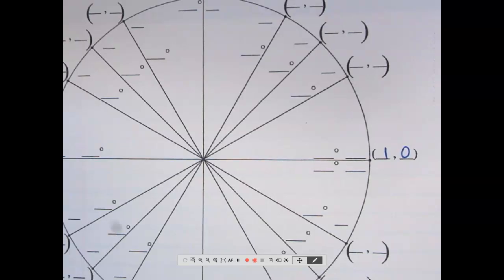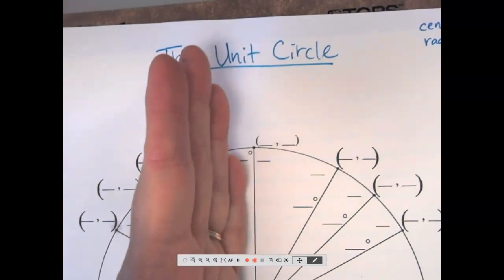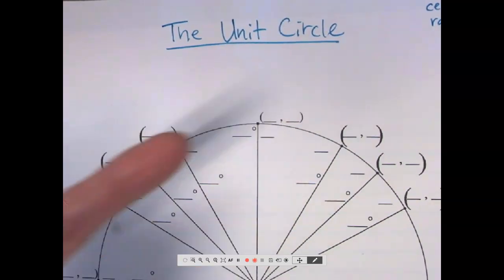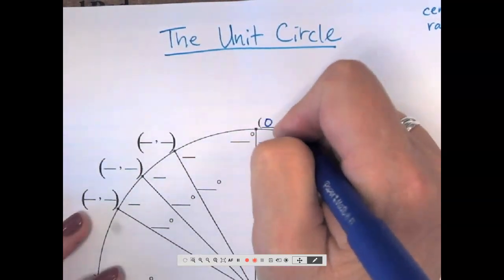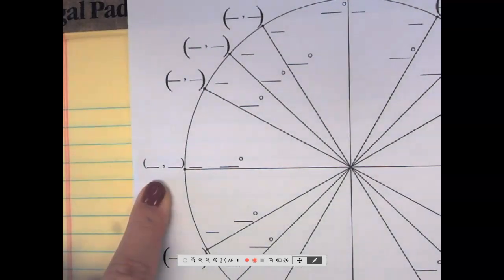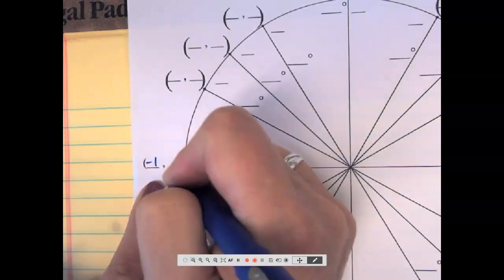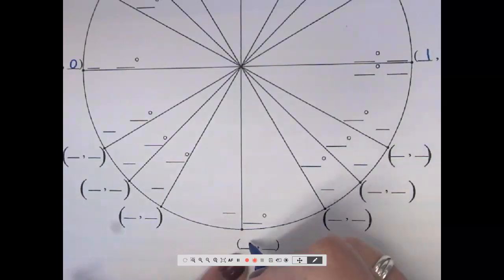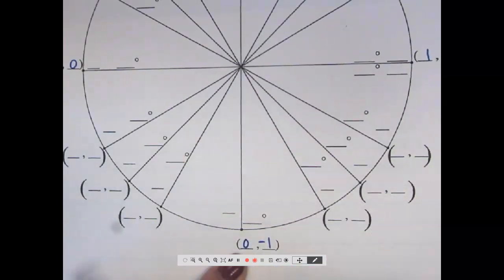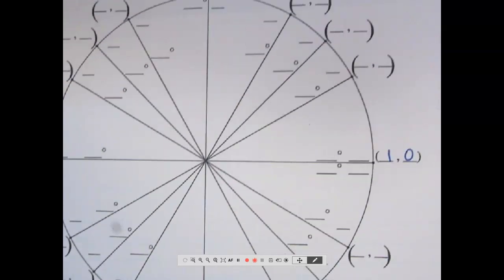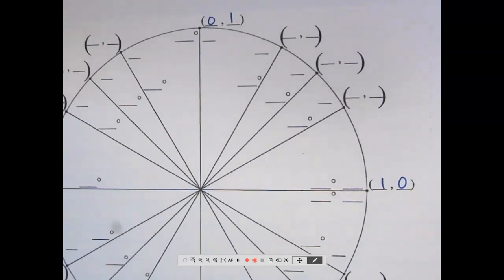If this is radius 1 and this is the y-axis right here, what is this ordered pair at the top? 0, 1. Over on the left, what do we find? Negative 1, 0. And at the bottom, 0, negative 1. Okay, we got 4 things filled out. Does everyone see why I put those points? Because of the radius of 1.